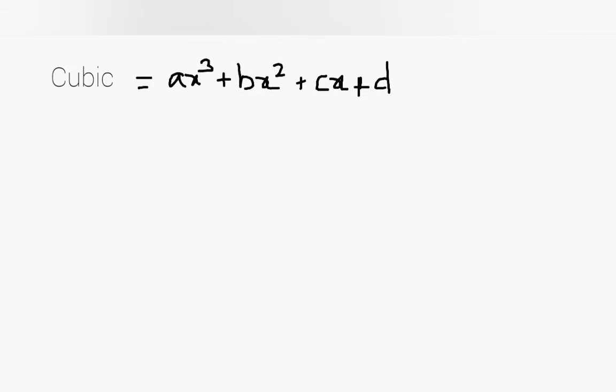This is the basic formula for writing cubic polynomials, and since it has degree 3, it will have 3 zeros. So the zeros will be alpha, beta and gamma. These are the 3 zeros we usually write for cubic polynomials.